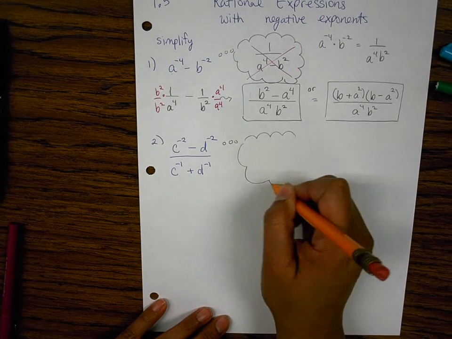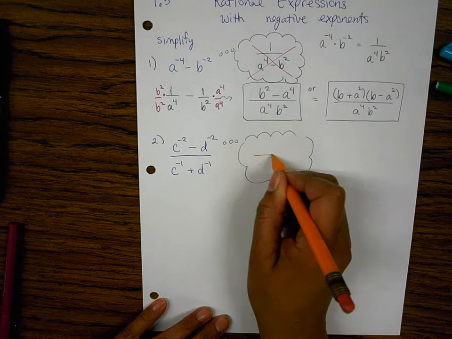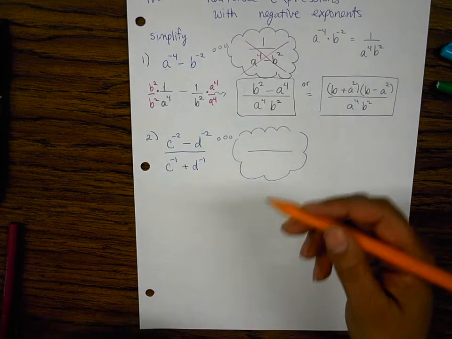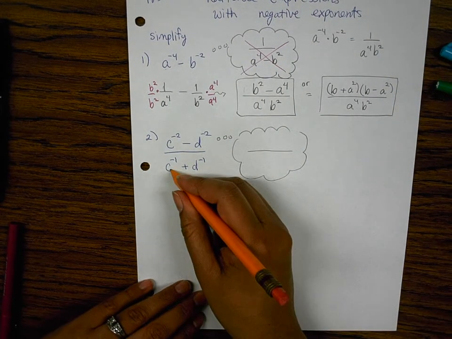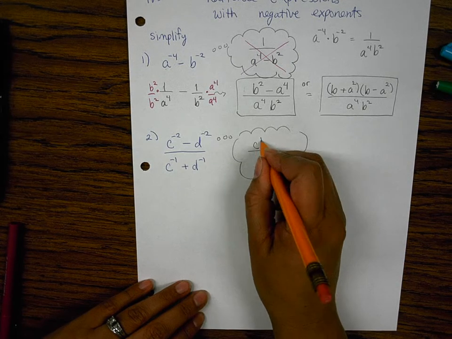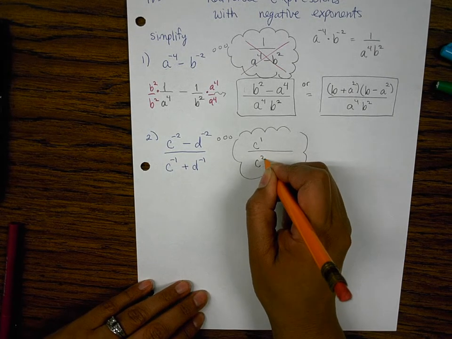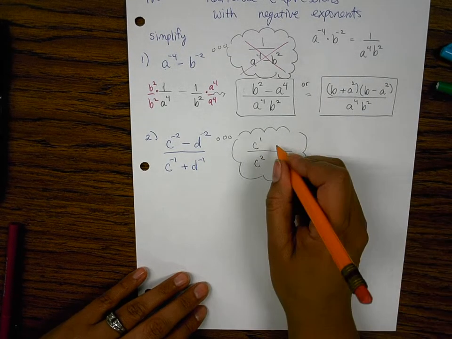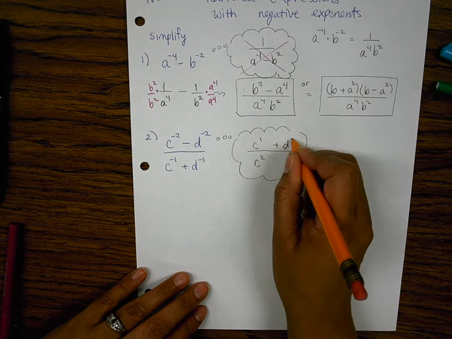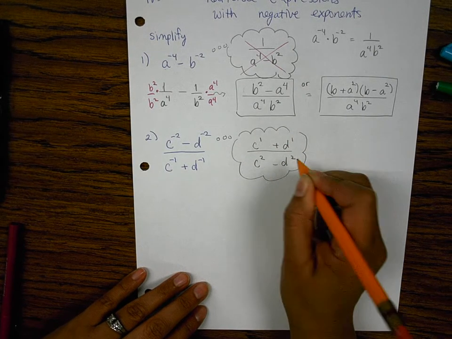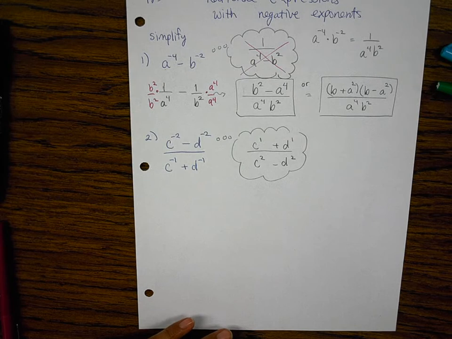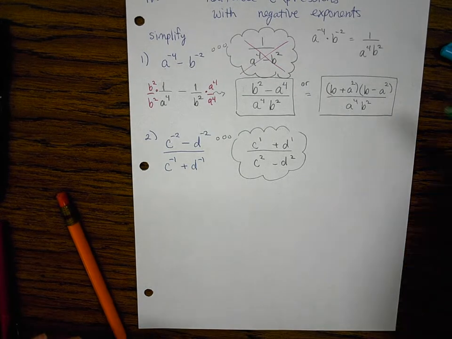So again, I'm going to show you the mistake kids make just so you don't try to make it. Kids will say, oh, again, I learned in a previous math class I move things up and down. So that's moving up, that's moving down. So c1 and c2, and then plus d1 and then minus d2.